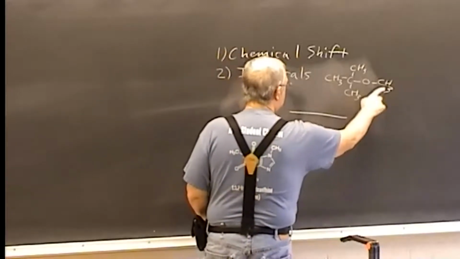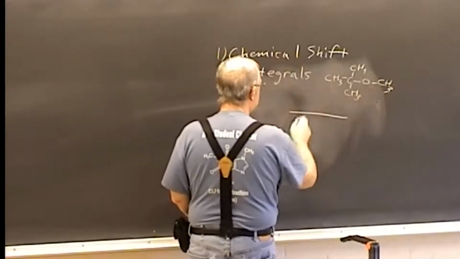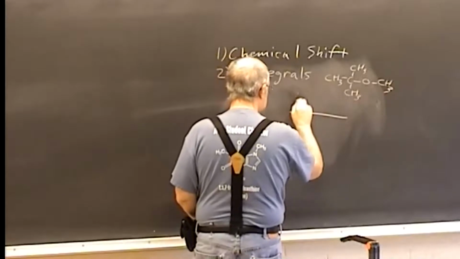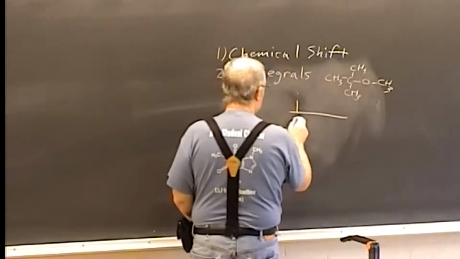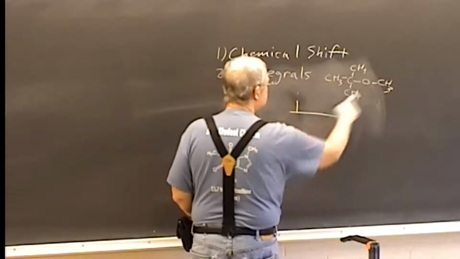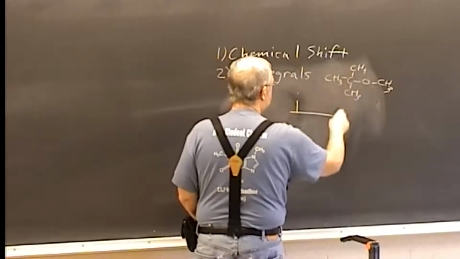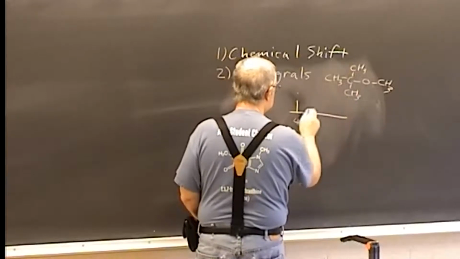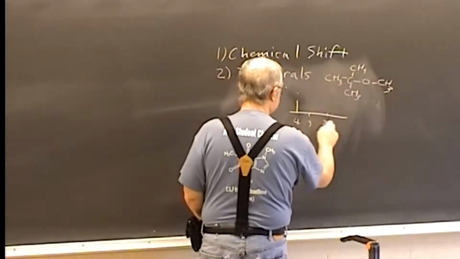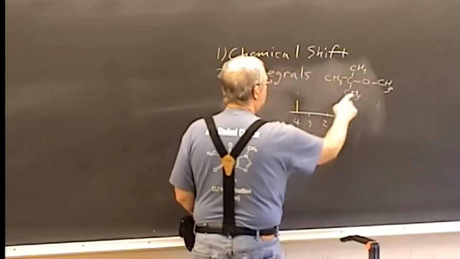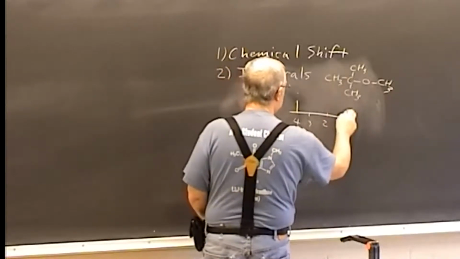The methyl signal should be between 3 and 4. So we'll see a single peak here, somewhere between 3 and 4, since the carbon is next to the oxygen. These are farther removed from the oxygen, so let's say this is around 4. And so these will show up about 1.